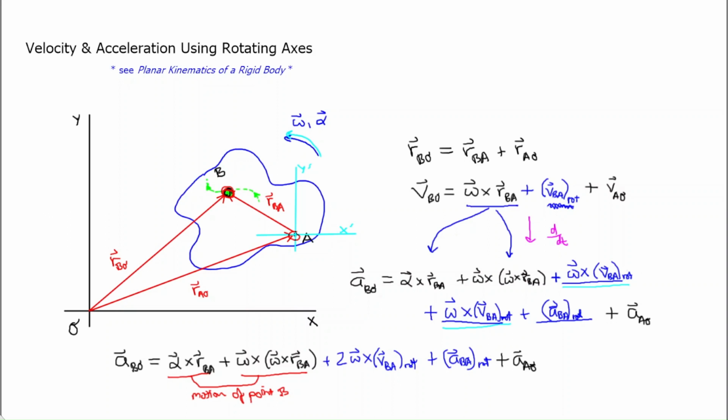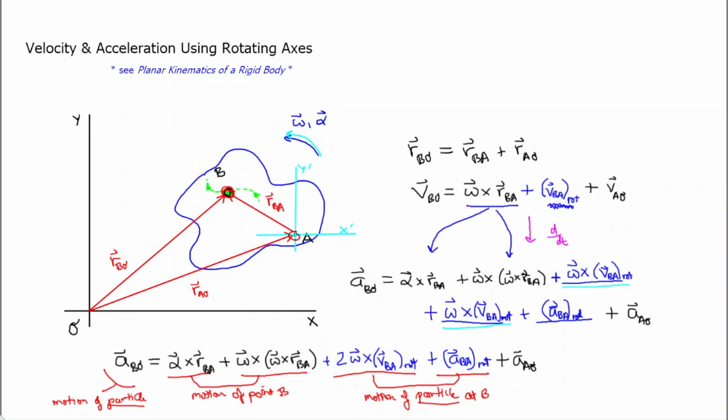The ones that I've written in blue, the new ones, have to do with the motion of the particle we are talking about that just happens to be at point B at this moment in time. And then acceleration BO takes both of them into account. So really it's talking about the motion of the particle, but just from outside this rotating frame of reference.